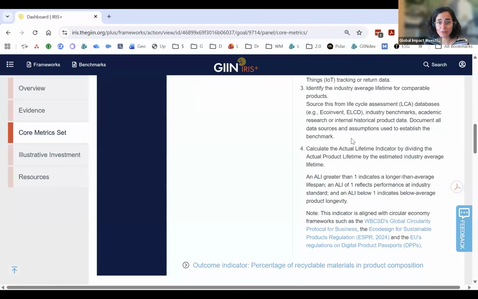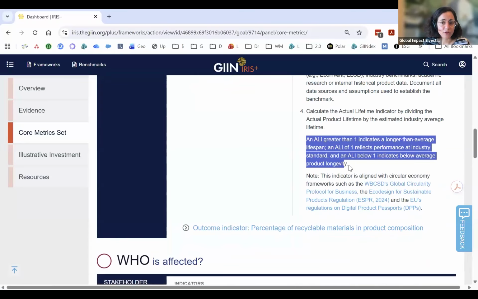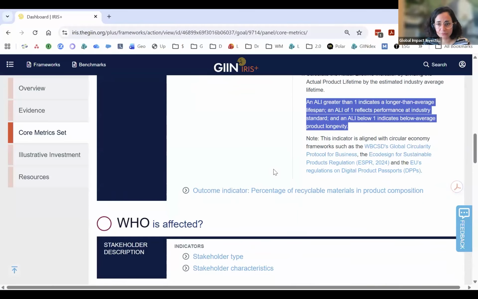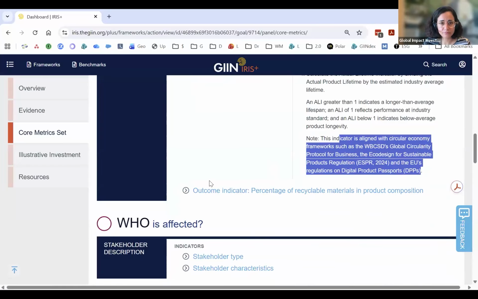It will be different, obviously, for different products. And then you calculate the actual lifetime indicator by dividing the actual product lifetime by the estimated industry average lifetime. And there's information of how to then interpret this ratio, and further information on the alignment here.